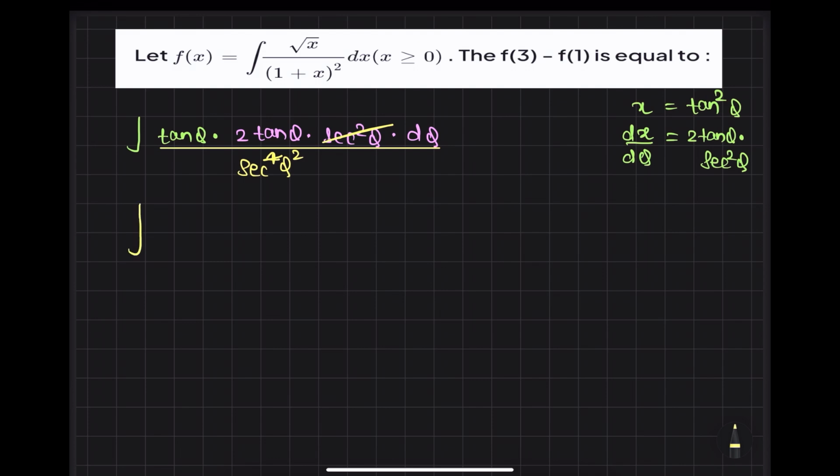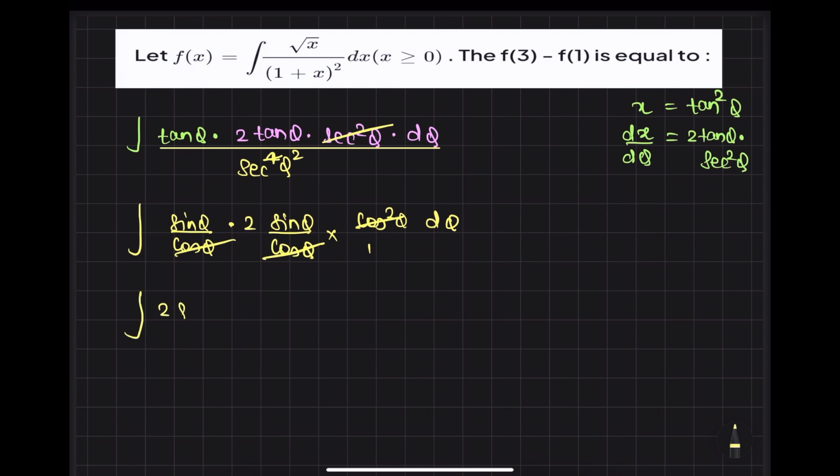Can I write tan theta as sin theta by cos theta, and convert sec square theta into cos theta? So it is 1 by cos square theta d theta. So this thing will be neutralized, and we are left with 2 sin square theta.